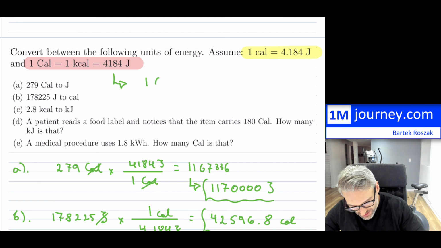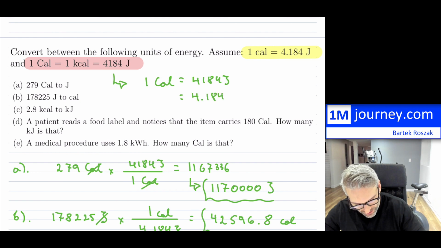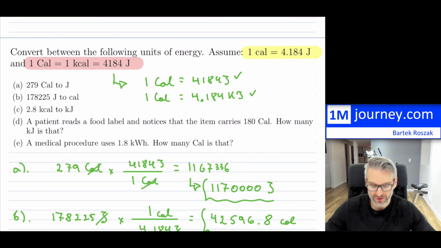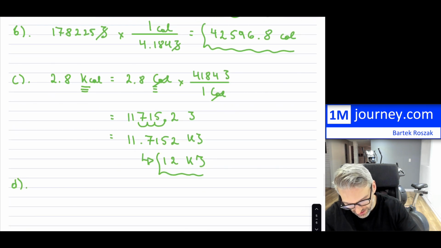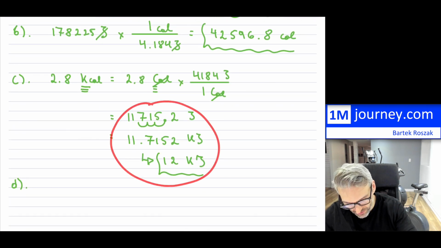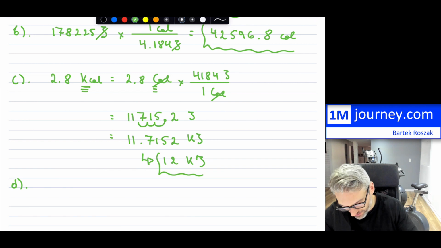So notice that it says that 1 calorie is equal to 4184 joules, or in other words, it equals 4.184 kilojoules. So if you're given this, you can certainly use this as your ratio in terms of your conversions, and I'm going to use that so that I don't have to move the decimal at the end over here. So that's what I'm going to do.